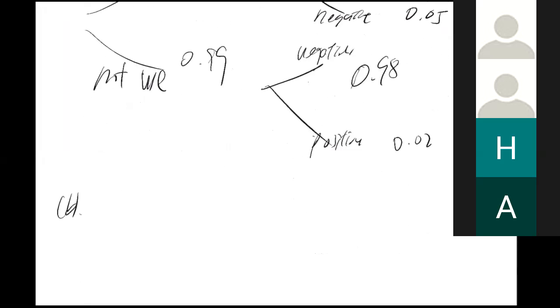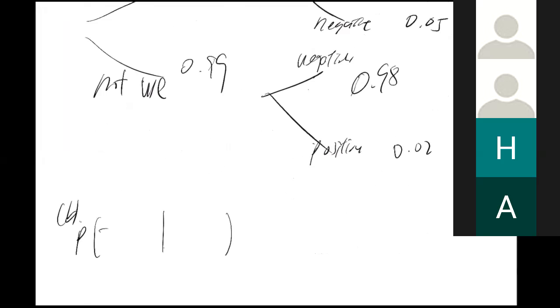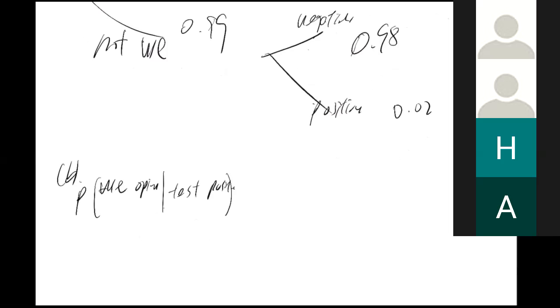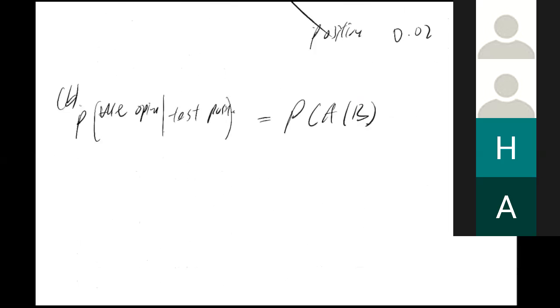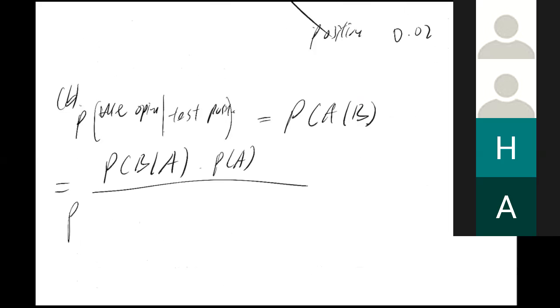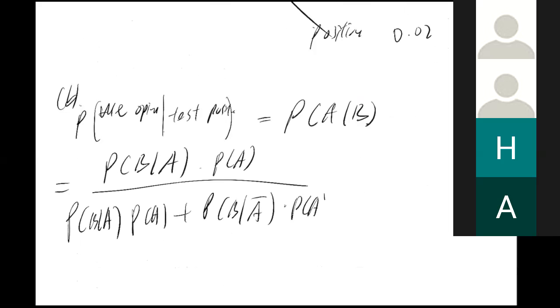So for B, we want to calculate the probability that the person actually used opium given that the test is positive. That's just P(A given B). According to Bayes' theorem, P(A given B) is P(B given A) times P(A), over P(B given A) times P(A), plus P(B given A complement) times P(A complement).